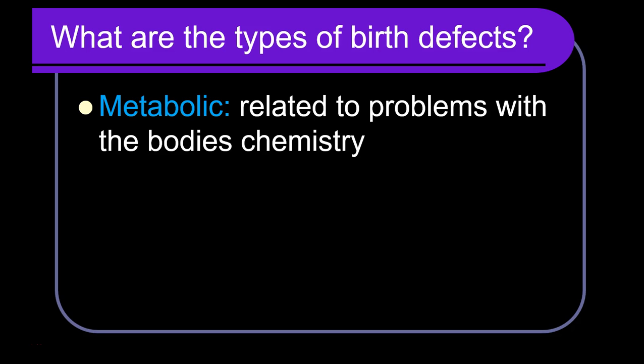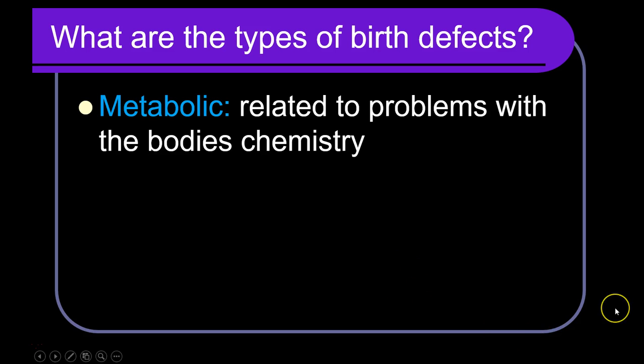Now, all of these different kinds of birth defects can be what is known as a degenerative disorder, and basically all this means is that the function of the affected area will decrease over time. So no matter what the influence or the cause or the type, the birth defect could be degenerative, so it could be something that gets progressively worse.